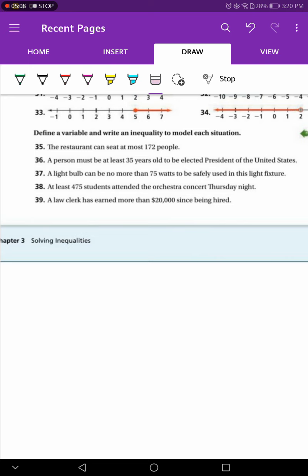If it were more than, that would mean greater than or equal to 75. But it says no more than, that means less than or equal to 75. Yes, or equal, Ryan.